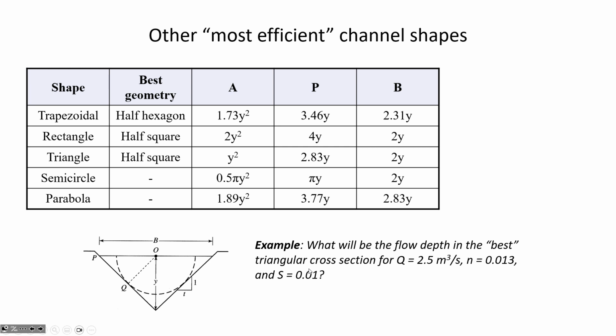And so the unknown here is the depth, where you're going to be using Manning's equation, area to the 5/3, slope to the 1/2, n value times the wetted perimeter to the 2/3. So for the triangle, instead of A, you'll just put y squared. Instead of P, you'll put 2.83 times y. And then solve for y, where we know the flow rate, we know the n value, and the slope.